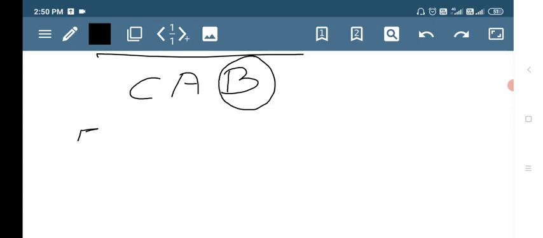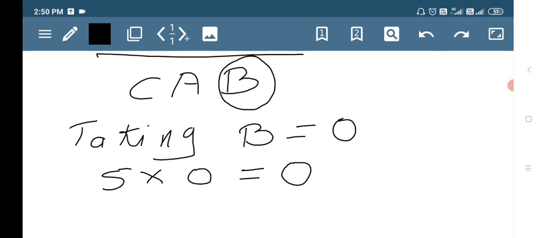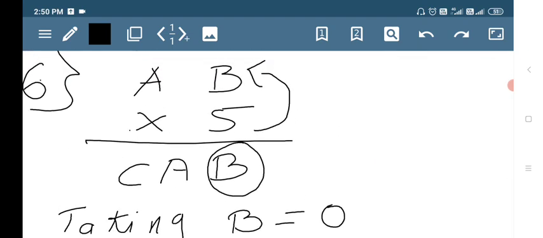So what could be such possible value? First, let us try taking B is equal to 0. So 5 into 0 is equal to 0. So in the unit place we are getting 0 itself.